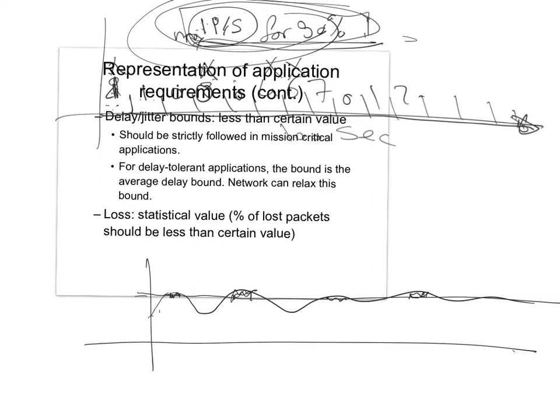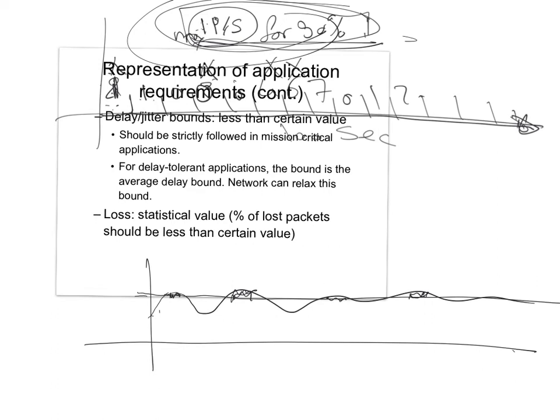And the statistical bound is always coming from the fact that it's sometimes impossible to maintain, for example, availability for the system 100%. Even Facebook and YouTube, sometimes they go down. Okay, so in that case, we can always tolerate, for example, 1%.